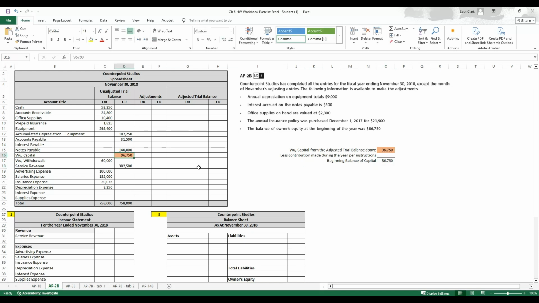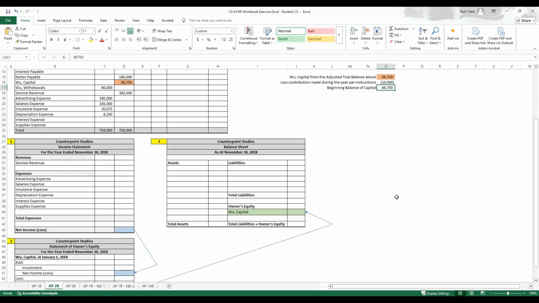And then here you see it's $96,750 at the end of the year, essentially, before we consider the withdrawals or net income. So what that tells us basically is that there was $10,000 of contributions during the year that's included in this number. And that's what they're indicating here with that information.